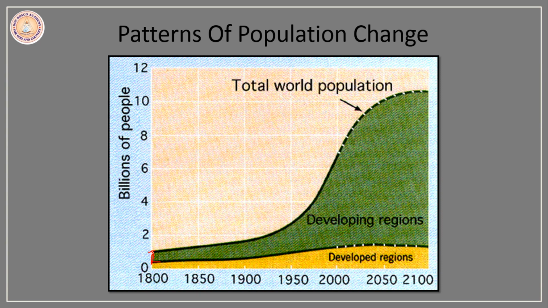It took nearly 127 years for this 1 billion to become 2 billion. Look, here we have the 2 billion mark. You can see over here 2, and we have the 2 billion mark.